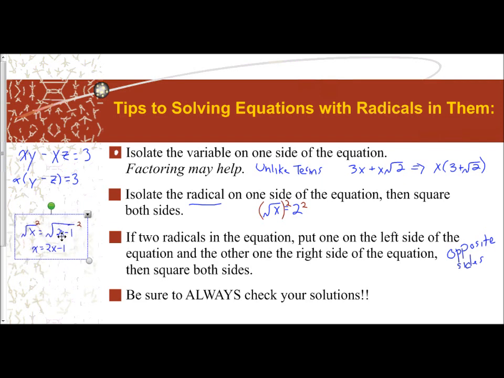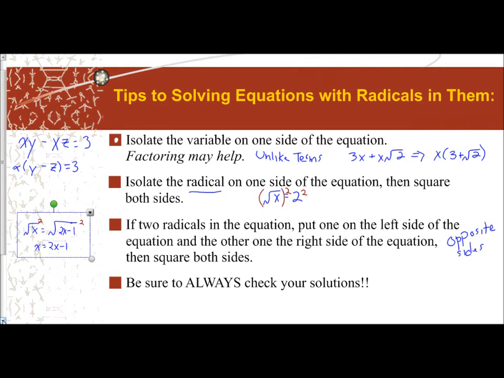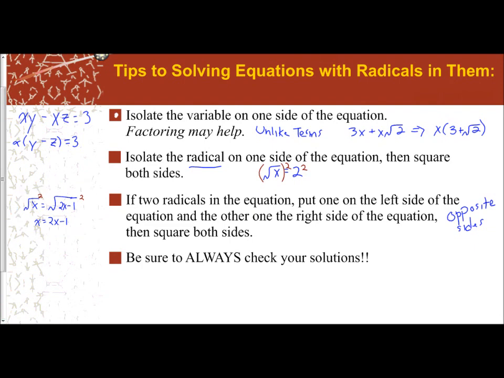Now, the more complicated one is going to have another term here, and there's going to be a process that you're going to have to use to make it easier to do. And then, as always, check your solutions. Now, the reason why you have to check your solutions is you're going to sometimes have what is referred to as an extraneous solution.